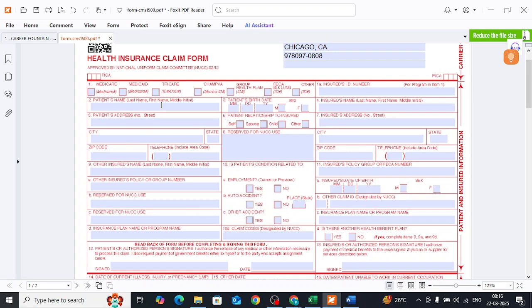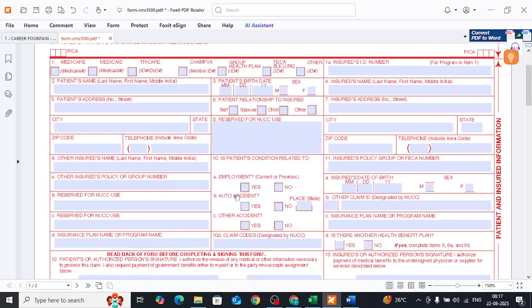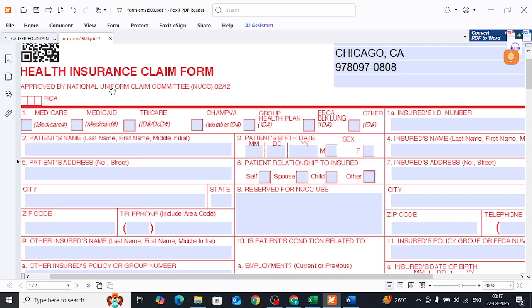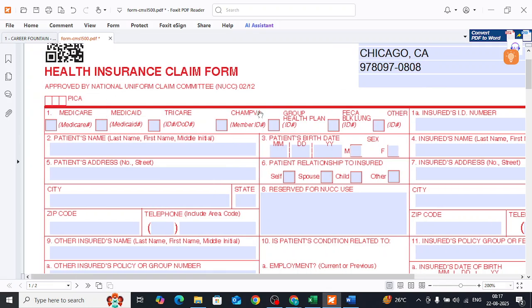I'll tell you the important boxes, and also which boxes we can ignore. Box number one has some insurance names, like Medicare, Medicaid, Tricare, Champva. As I said, this is designed by the US government and approved by the National Uniform Claim Committee.